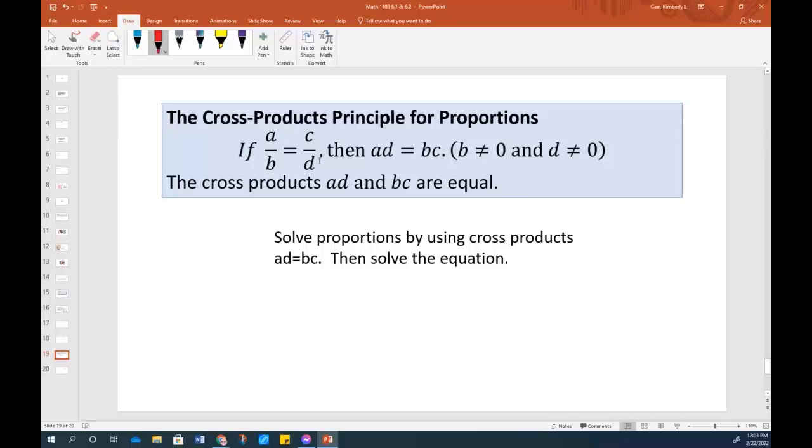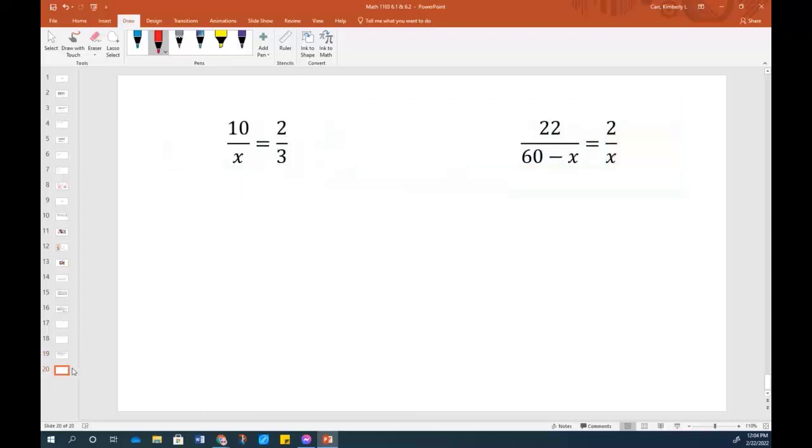But when you have proportions that are equal, then their cross products are equal. So here, if you write these 2 things, and if you cross multiply bottom to top or top to bottom, you get the same thing. So we use that principle when we are solving problems with proportions. We do cross multiplication, and that gives us an equation that we solve by the same methods we just did.